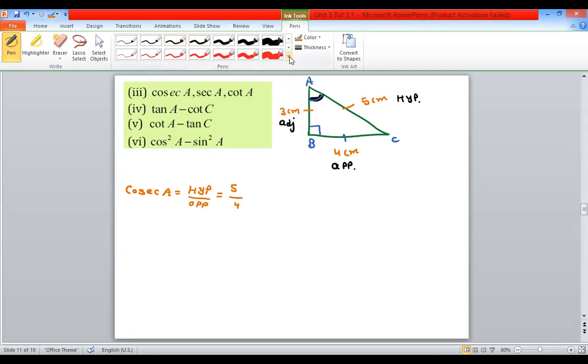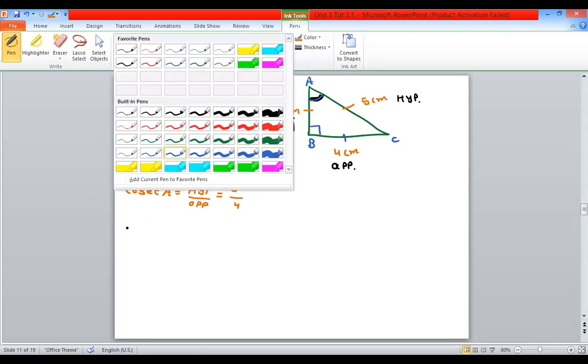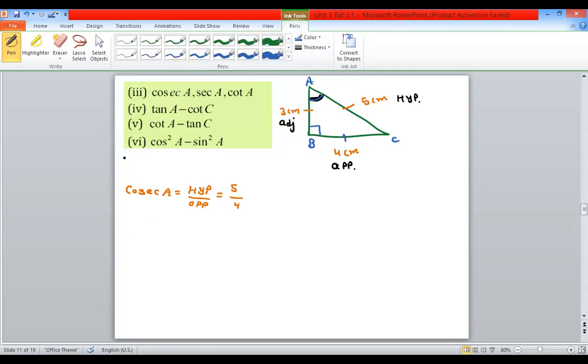The next one, sec A. Sec A means opposite of the cos. Cos is adjacent upon hypotenuse. This changes: hypotenuse upon adjacent.